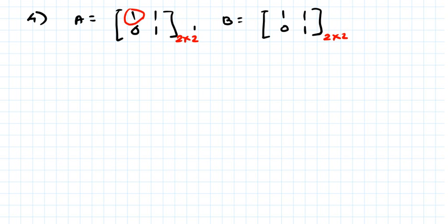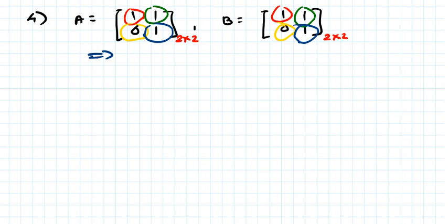This 1 is equal to this 1, this 1 is equal to this 1, this 0 is equal to this 0, and this 1 is equal to this 1. So the corresponding elements are also equal. This implies A is equal to B, because the order as well as the corresponding elements are equal.